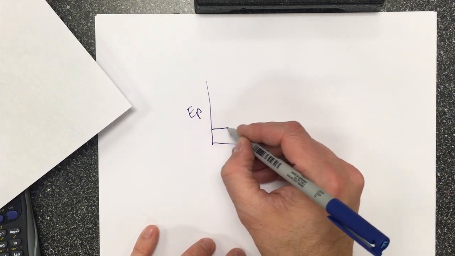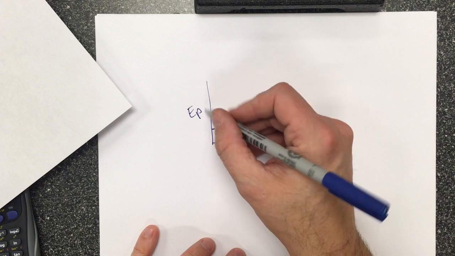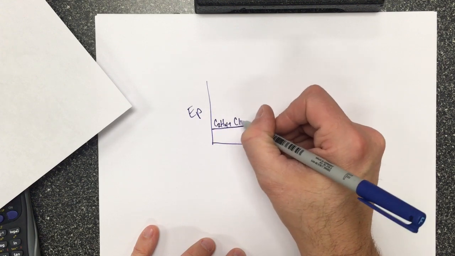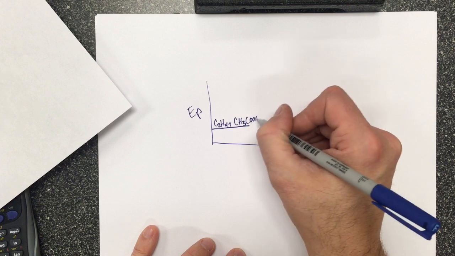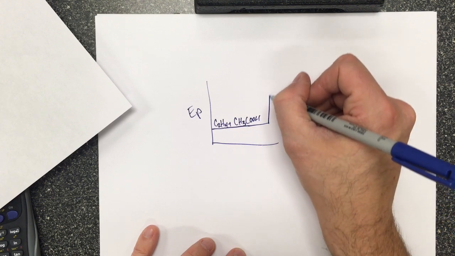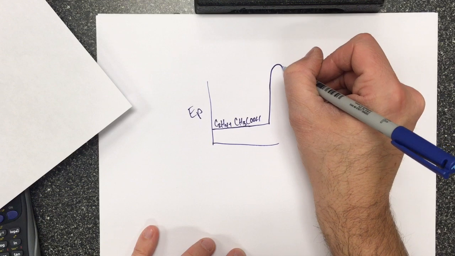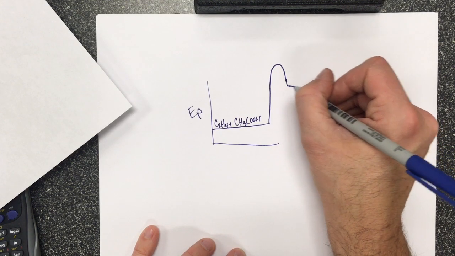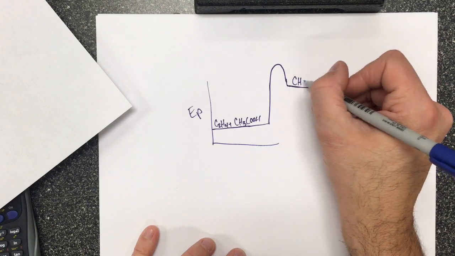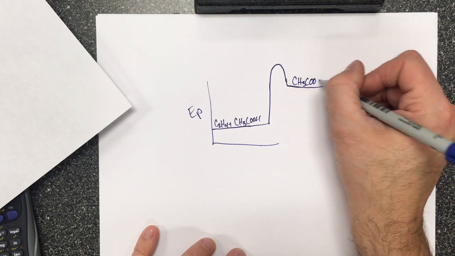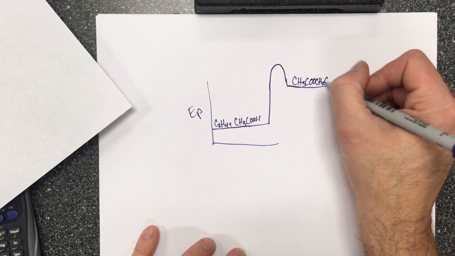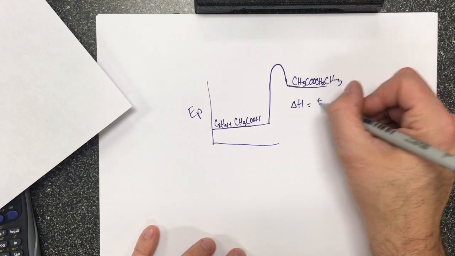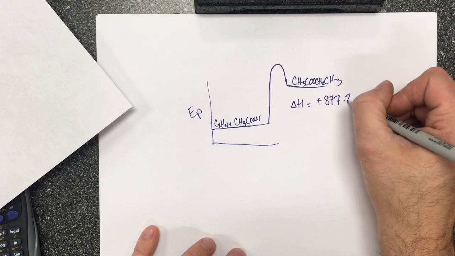It's an endothermic reaction, and so we've got the reactants, ethene and ethanoic acid, that are going to absorb a bunch of energy, and we'll get some back to make our ethyl ethanoate. And the enthalpy of this reaction is positive 877.2 kilojoules.